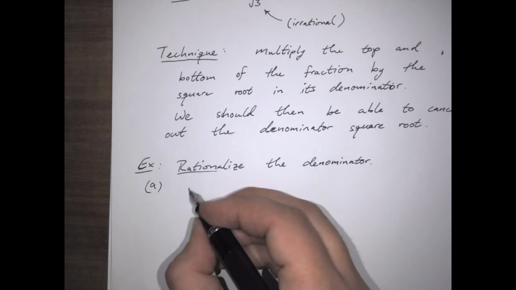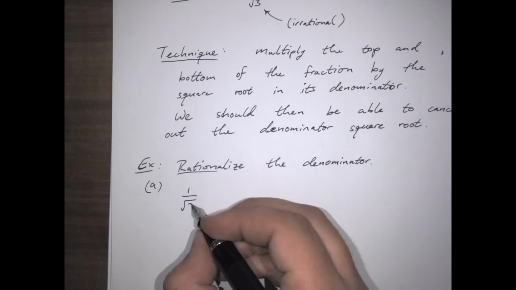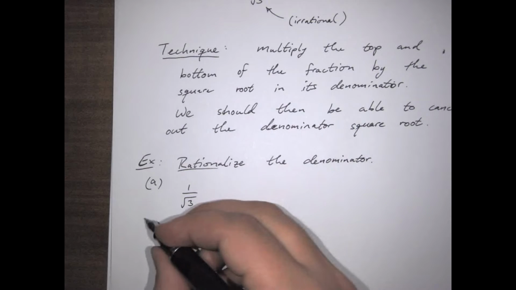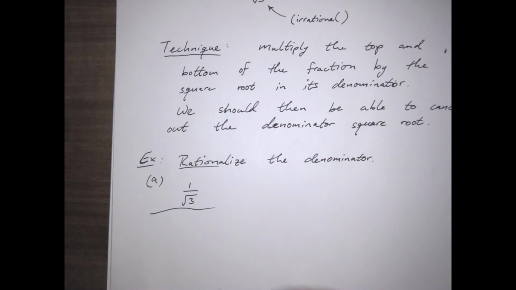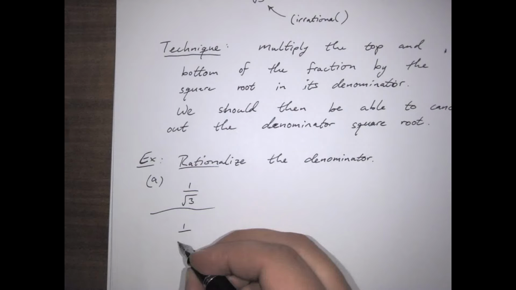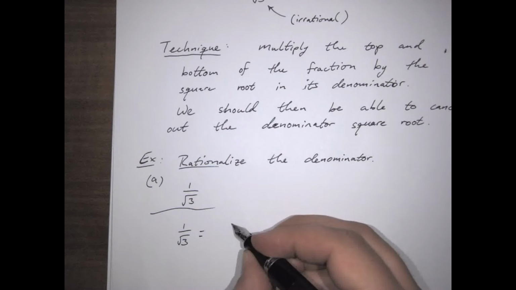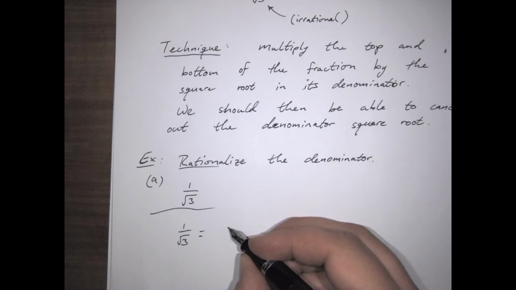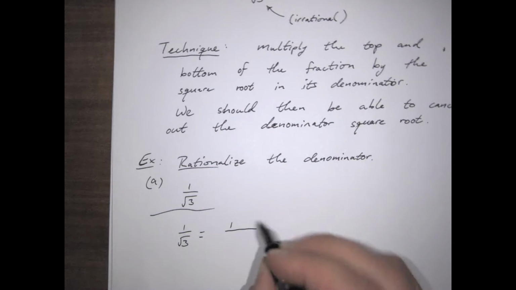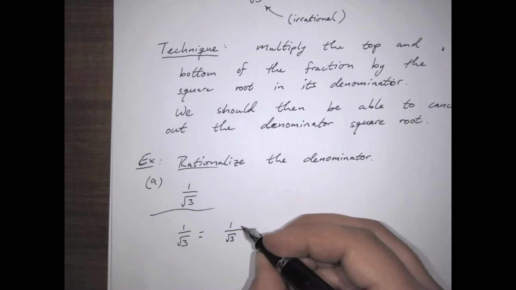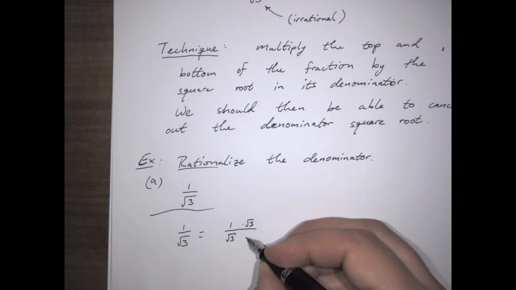Okay, so start with 1 over square root of 3. With this one, what we do is we take our number and we multiply the top of it and the bottom of it by the square root that is in the denominator. So we had 1 over root 3 multiplied by root 3 over root 3.